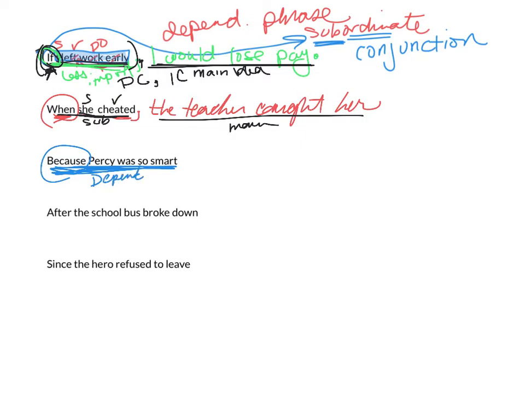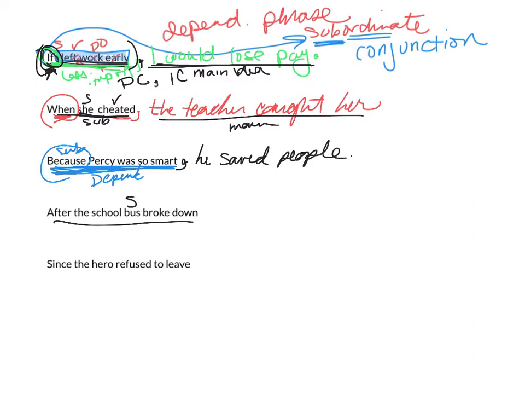The dependent clause is attached to that subordinating conjunction. And I would have to finish it out. Because Percy was so smart, he saved people. Is that a complete sentence or not? Well, of course not.